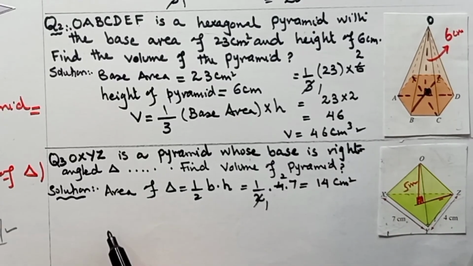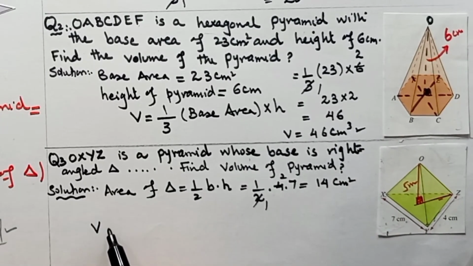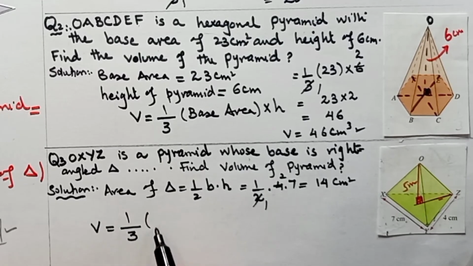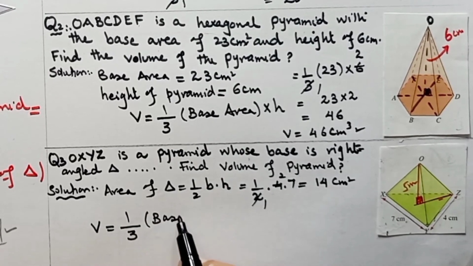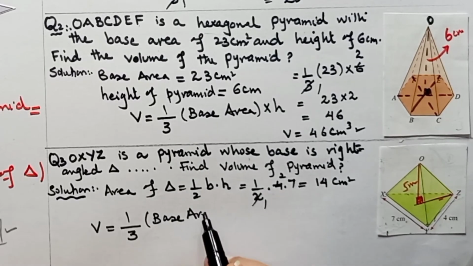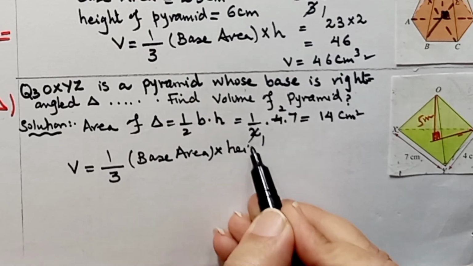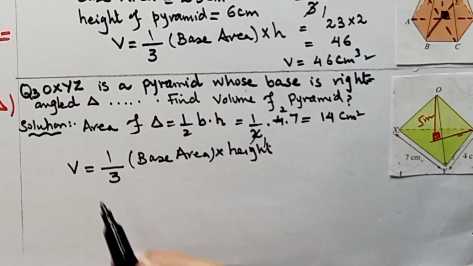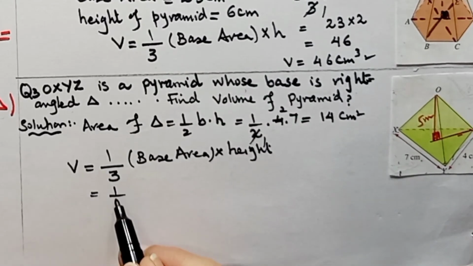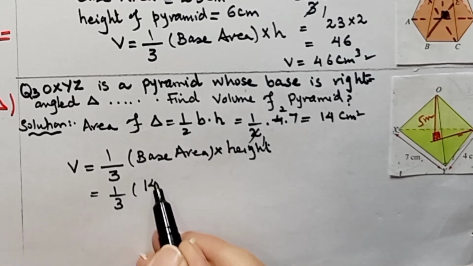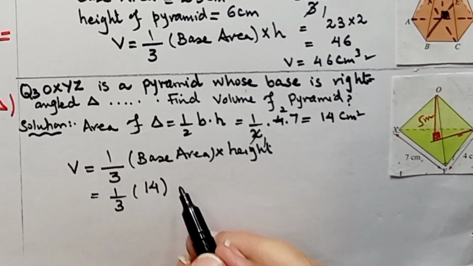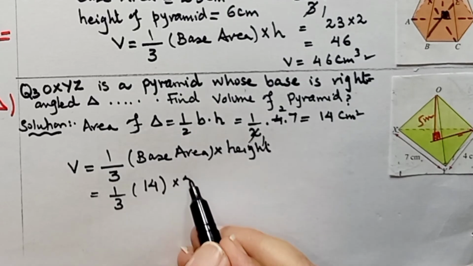Now we have to find the volume of this pyramid. The formula for the volume is 1 by 3 base area multiplied by height, and instead of base area, we replace 14, and the height of this pyramid is 5.